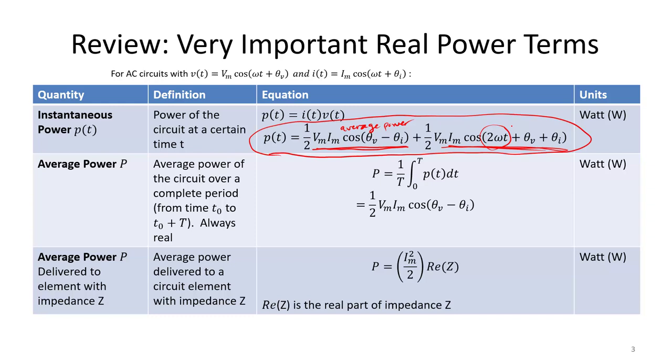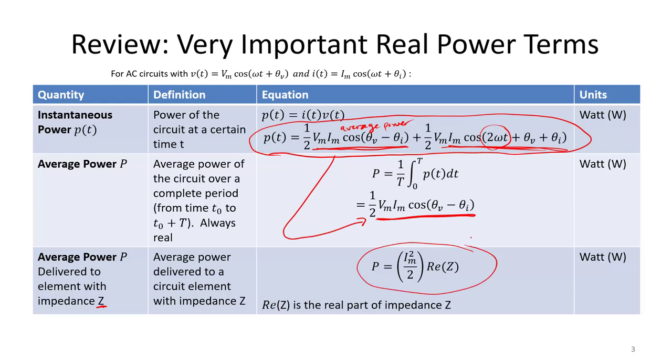So therefore, if we take the non-time dependent part of our instantaneous power, that will give us our average power, which is the average power that we were able to deliver over a complete period of our AC signal. If we want, we can also calculate average power delivered to an element with impedance Z. And you'll remember, because of the trig identities, we end up getting this factor of 1/2 that pops out.